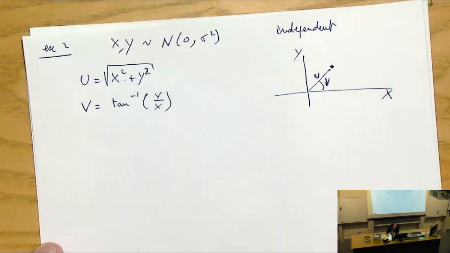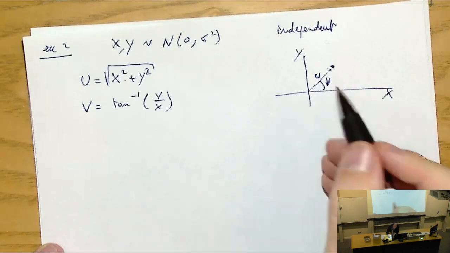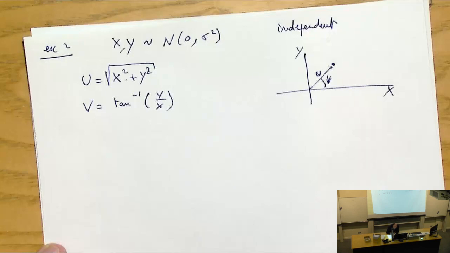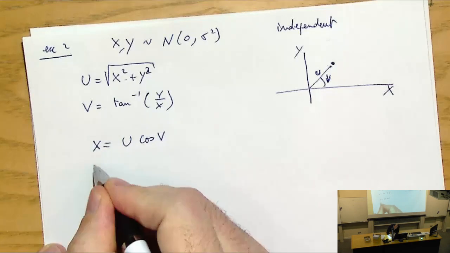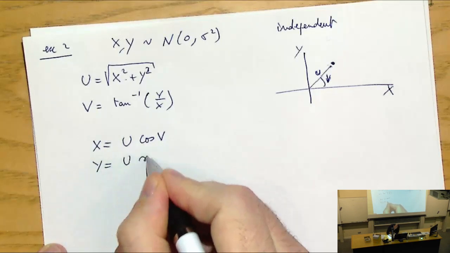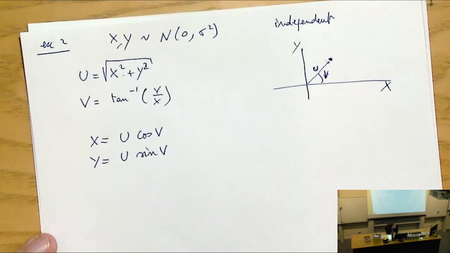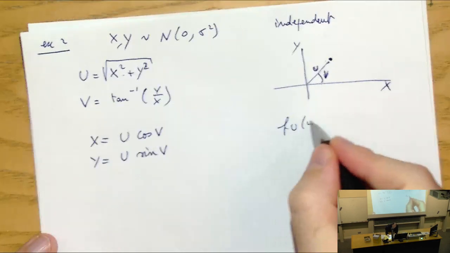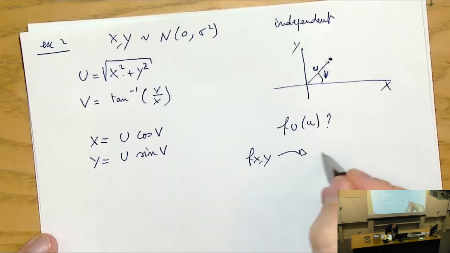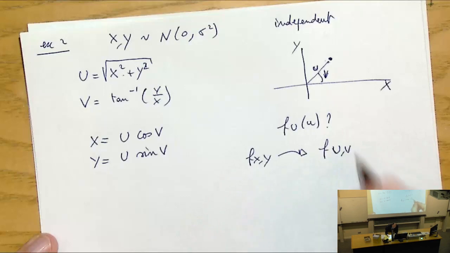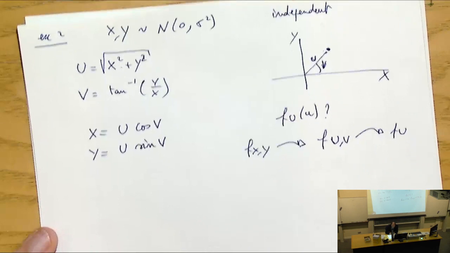And essentially now I have the magnitude and the phase, or the angle and the magnitude, and I have a one-to-one relationship between x, y and u, v, and I can say x will be u cosine v, and y will be u sine v, right? And now we can do the same thing. If I'm interested in this, what I can do is first find the joint PDF of x, y, from there get the joint PDF of u, v, and from there get the marginal of u.